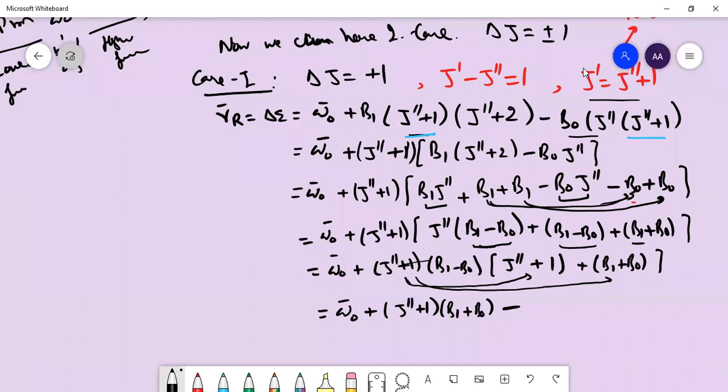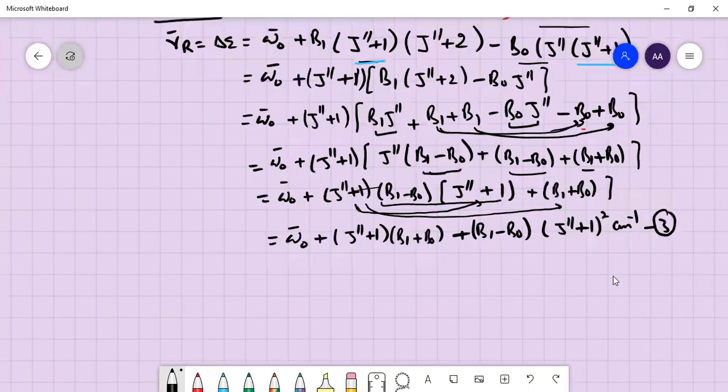And then plus, if I multiply J double dash with this whole term, I get B1 minus B0, and multiplying J double dash plus 1 with J double dash plus 1, I get J double dash plus 1 whole square centimeter inverse. Let me take this as equation number 3.